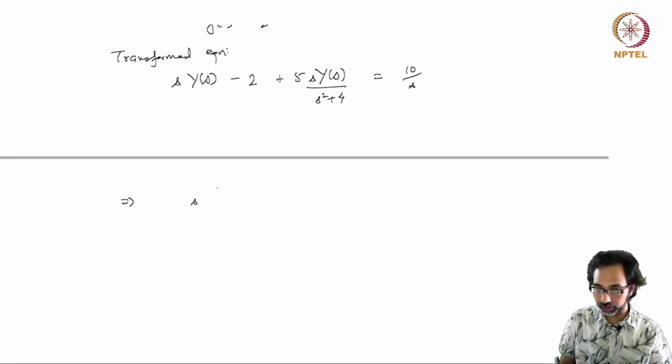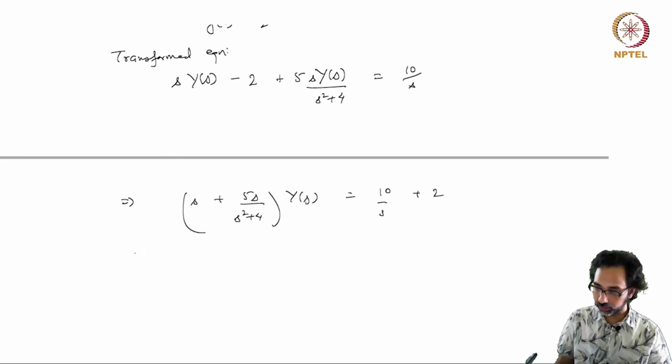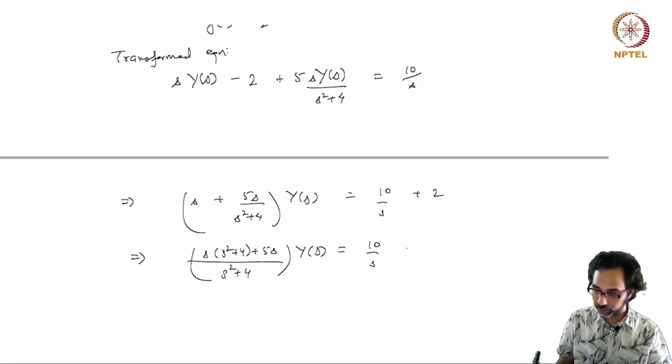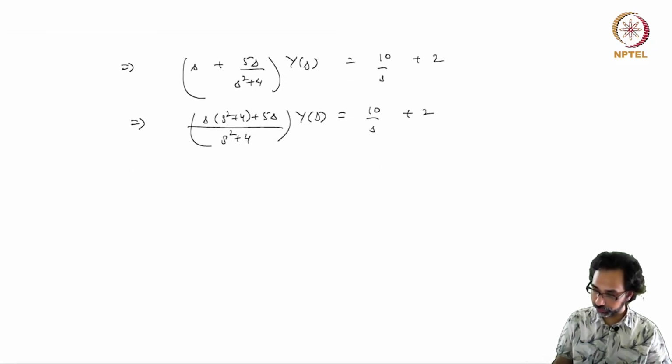So if you take the terms together for Y(s), you will get (s plus 5s over s squared plus 4) times Y(s) equals 10 over s plus 2.